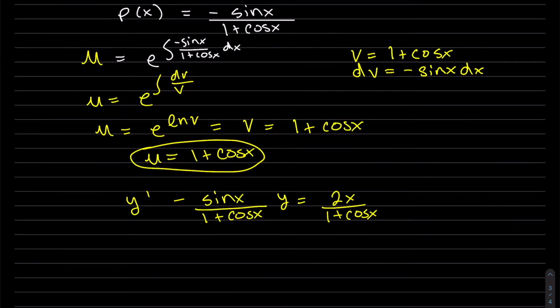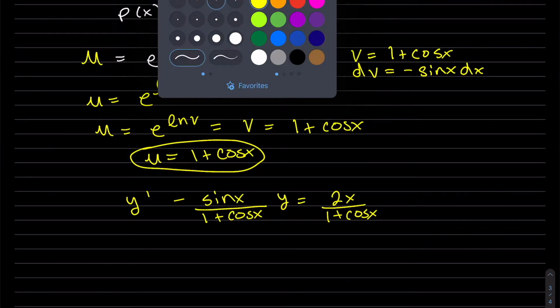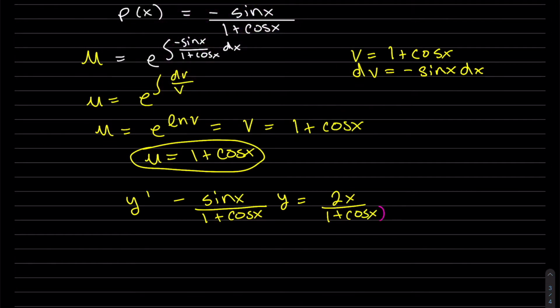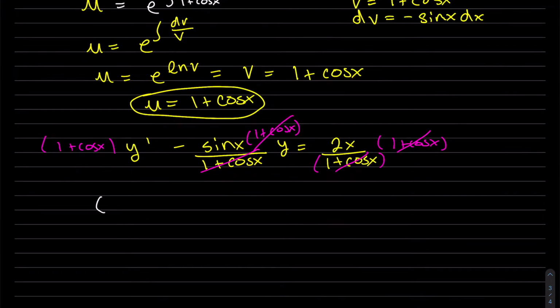We can see we're going to multiply both sides by 1 plus cosine of x, which cancels there and there.